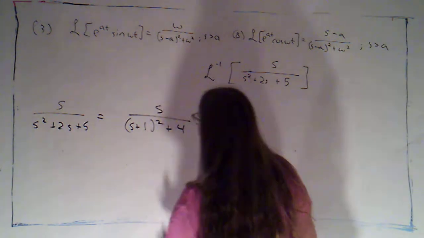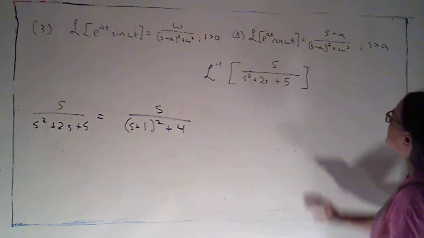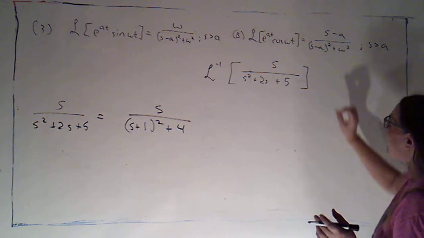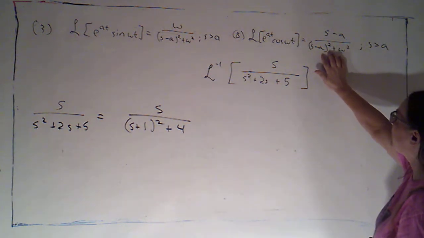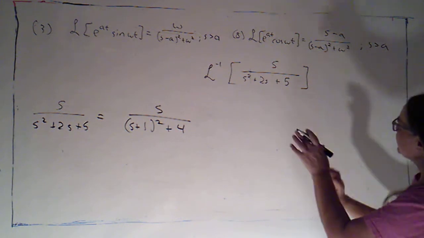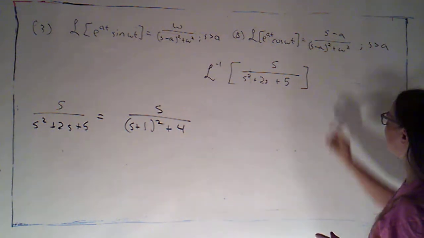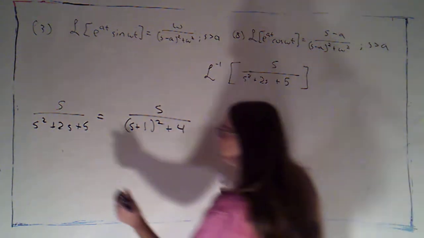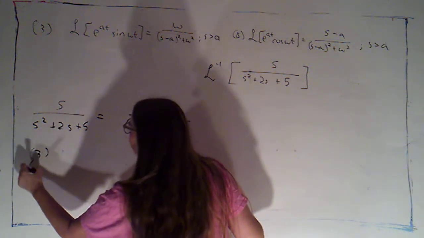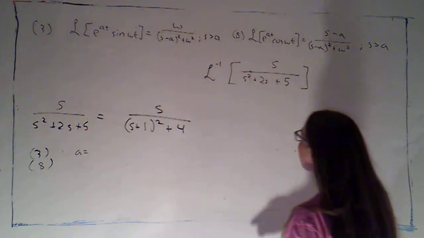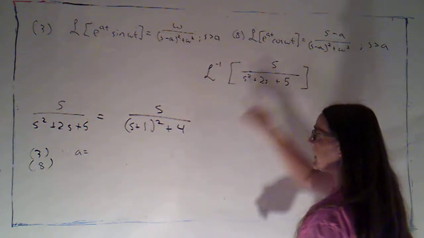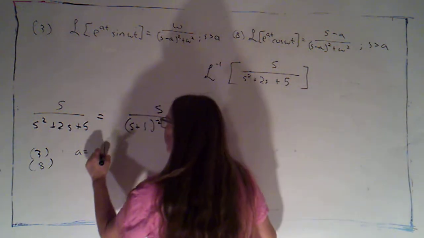That's an s. Okay, so with there being an s on top, I'm trying to match this formula, but it's a little tricky because I don't have an s minus a on top. So let's figure out what is our a. If I were using either formula 3 or formula 8, my a is the number I'm subtracting from s, so that would be -1.